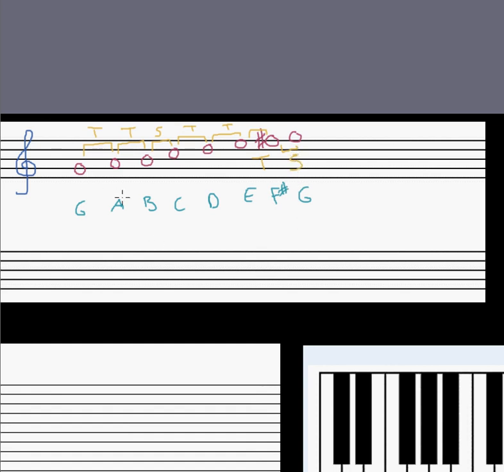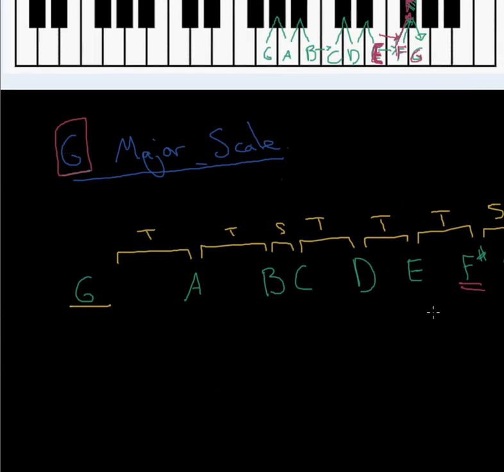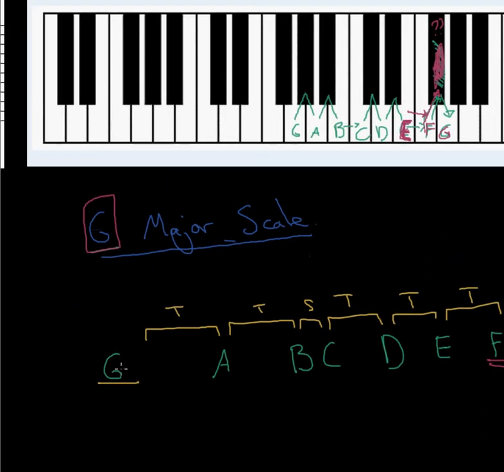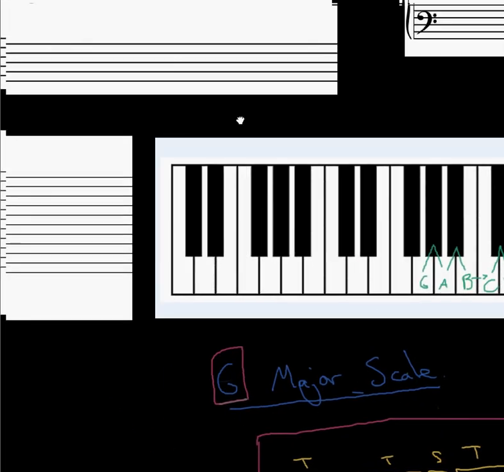Right, so there you see we have set up our G major scale just using this formula, which is the formula that we originally said was very important, the formula for our major scale. Okay, so I will see you in the next video.